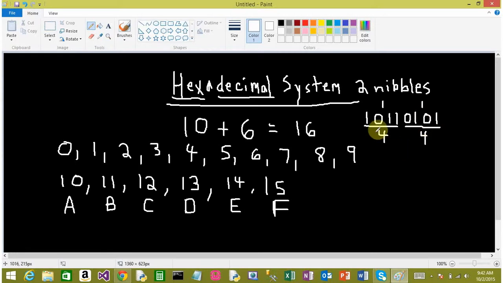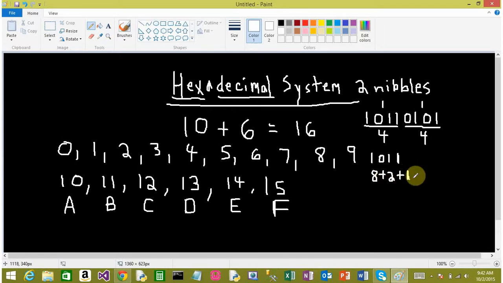So if we look at the first nibble, that's 1 0 1 1. What we're going to do is determine what that number is, because we know how to convert to decimal. Just looking at it, we have a 1 in the 8's place, a 1 in the 2's place, and a 1 in the 1's place.